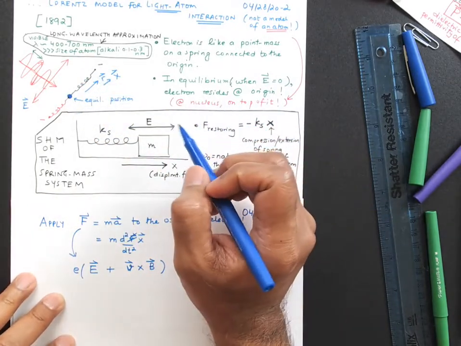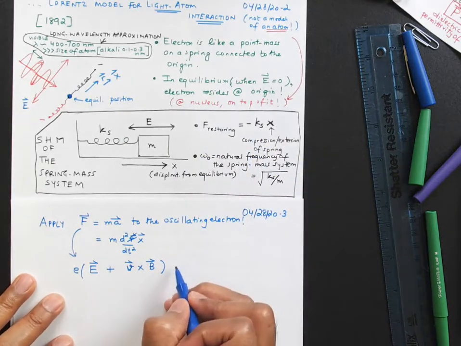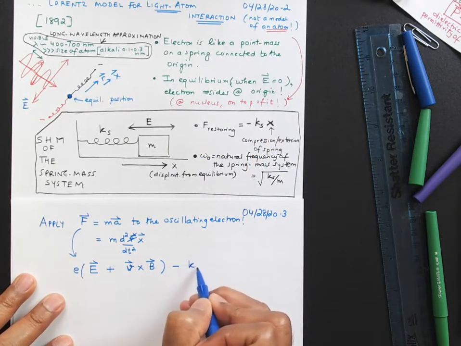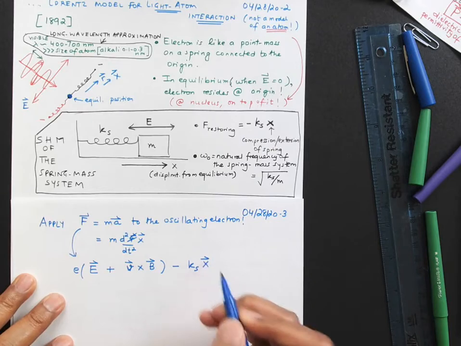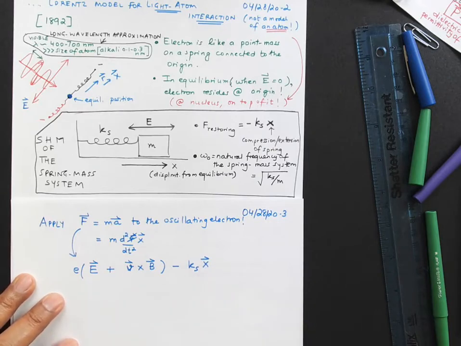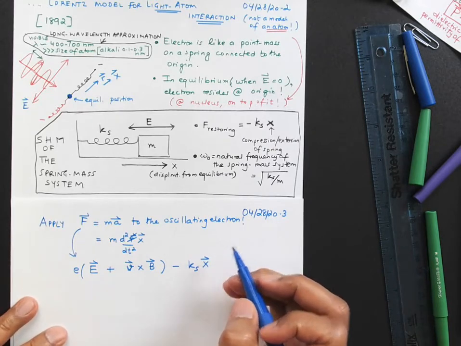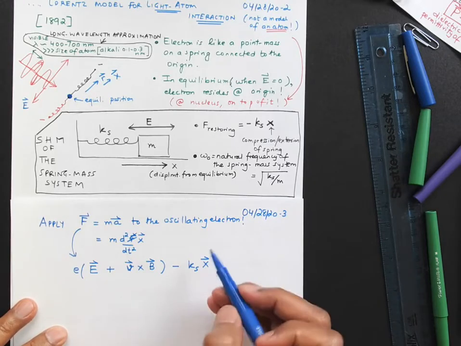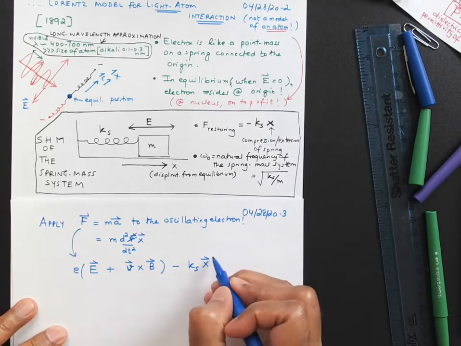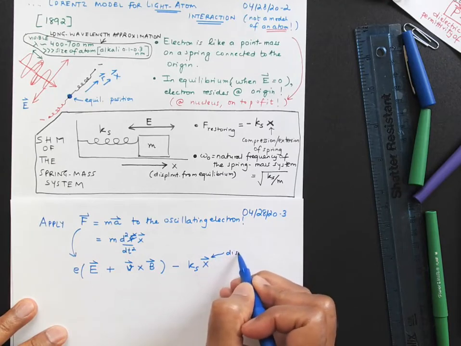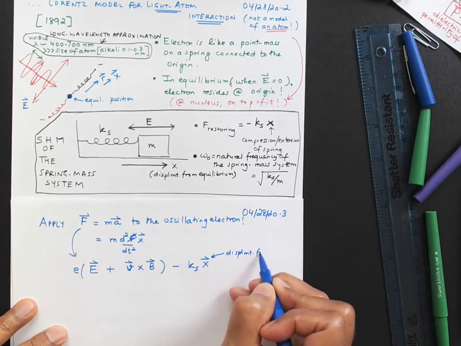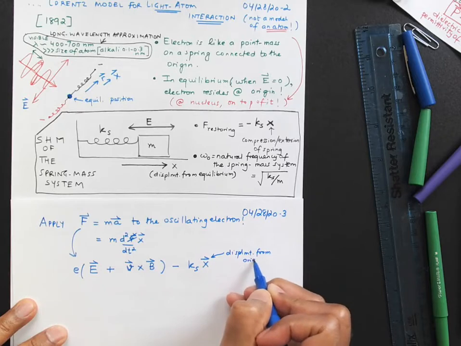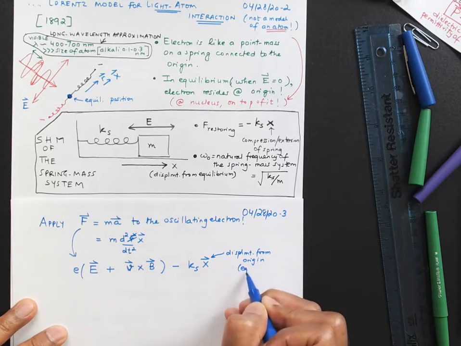So there's a restoring force, minus k_s x. That's all there is to this. And remember, this is the displacement from the origin, the origin being the equilibrium position.